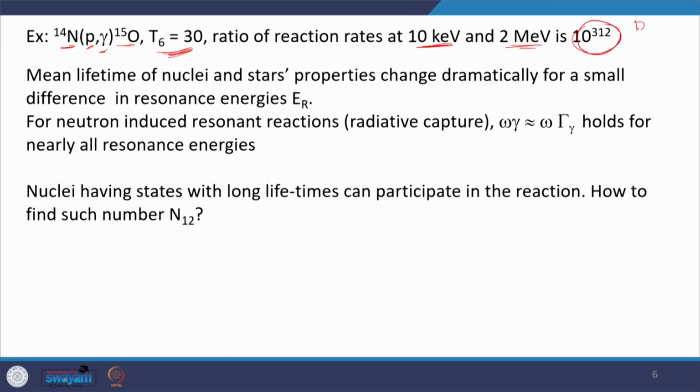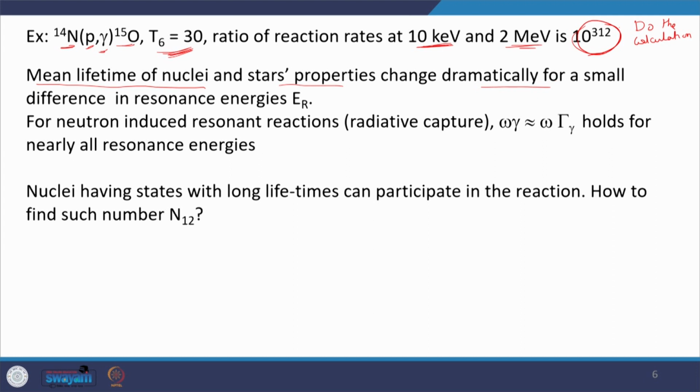Please do the calculation. For more details, please look into the textbook by Rolfs and Rodney. Otherwise, we can assume some values and see how important it is. So this tells us the mean lifetime of the nuclei and the properties of the star change dramatically for a small difference in the resonant energies.